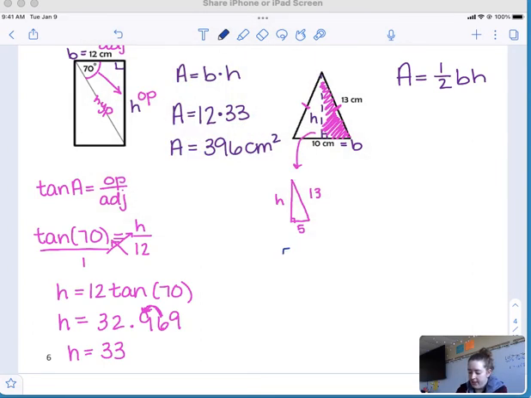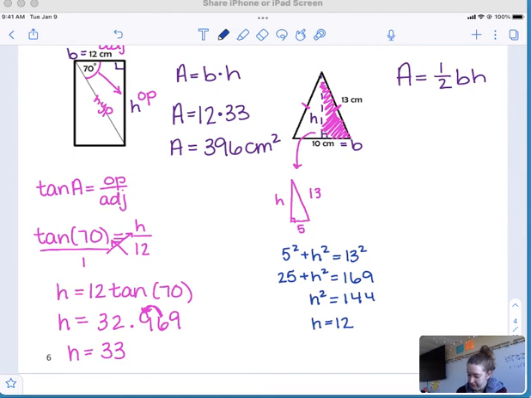So we'll take 5 squared plus h squared equals 13 squared. 5 squared is 25. 13 squared is 169. We'll subtract 25 from both sides, and we'll get 144. Then we'll take the square root, and we'll find out that our height is 12.